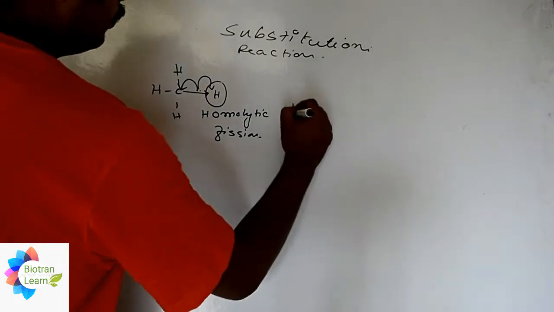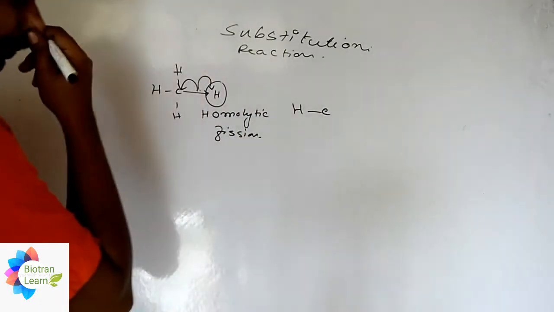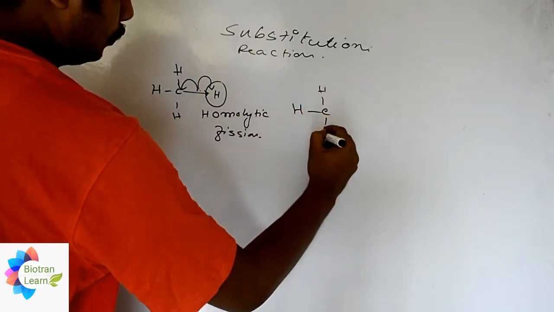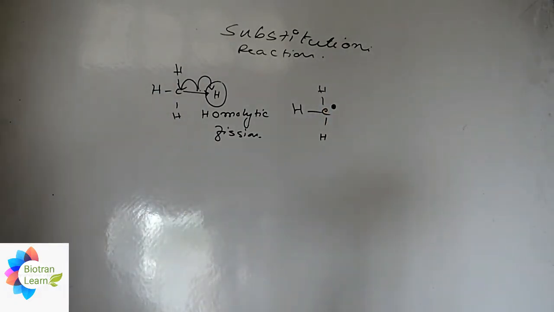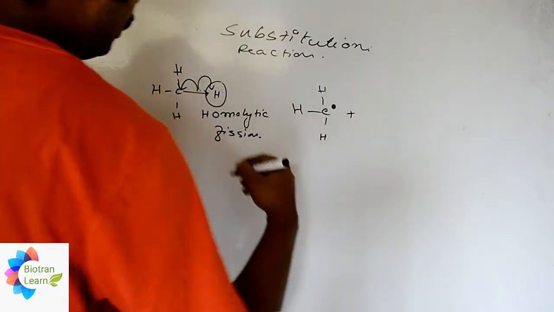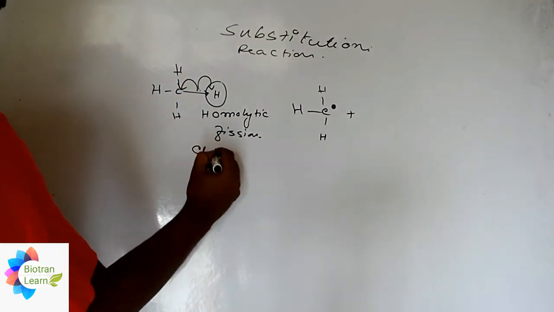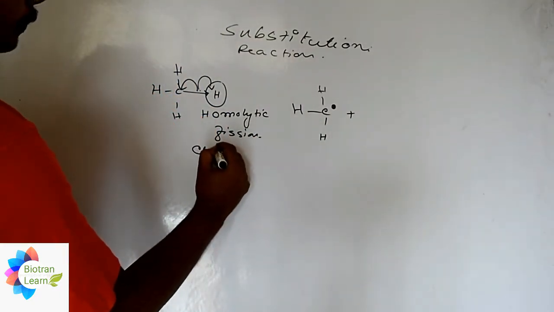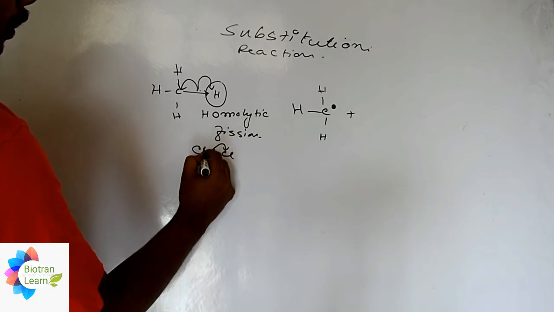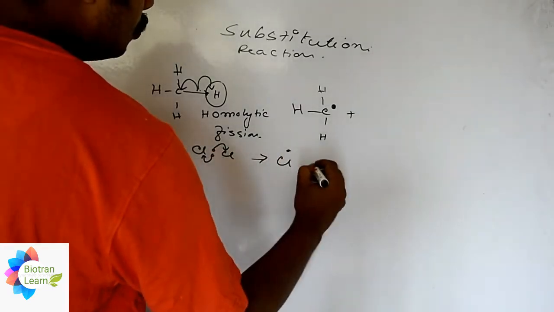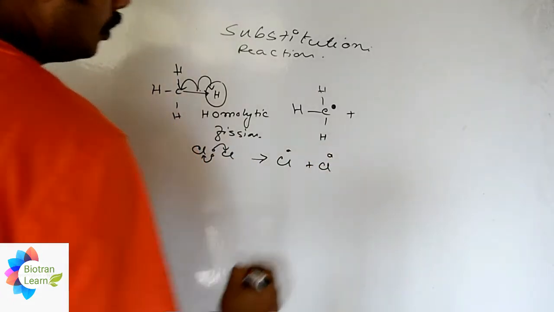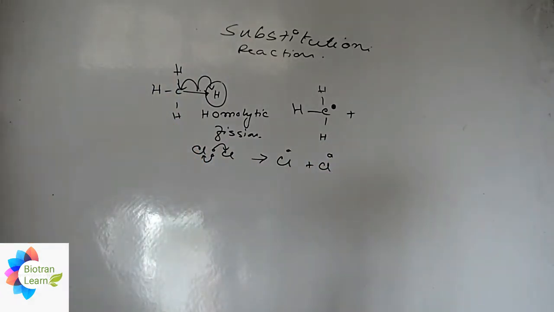It would form one radical of methyl group, and in case of chlorine we will get the same kind of thing, and we will get two radicals of chlorine, right?